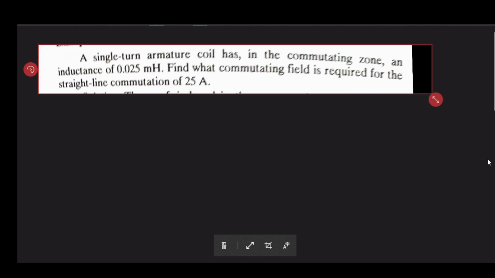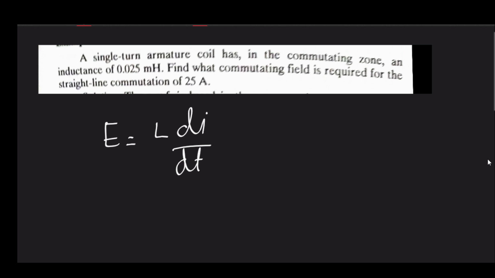Okay, now a single turn coil has in the commutating zone an inductance of 0.025 millihenry. Find what commutating field is required for the straight line commutation of 25 ampere. So EMF induced will be how much? We are considering magnitude only.